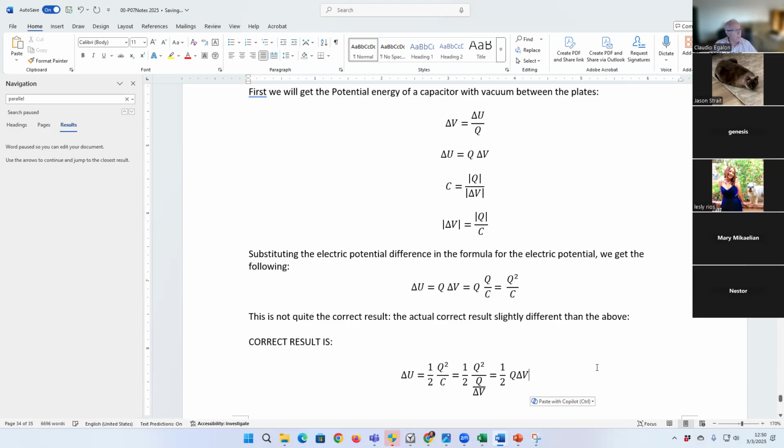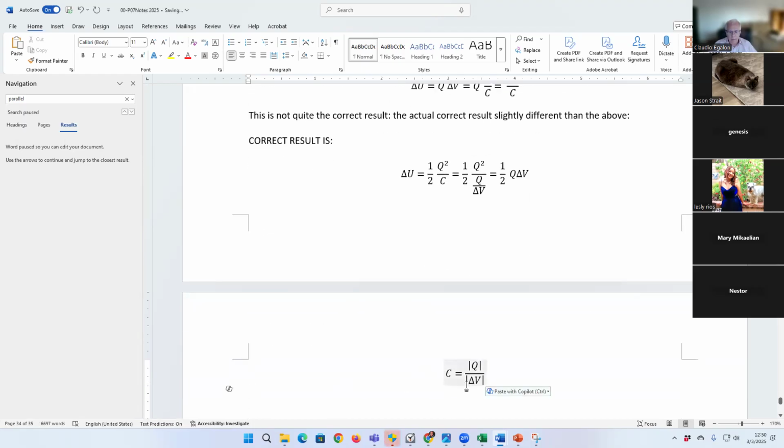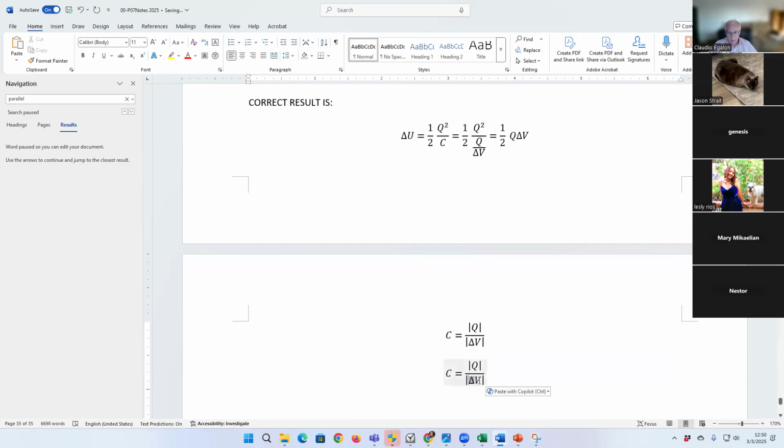There is one more way of rewriting this equation. Going back to this one, three different ways of rewriting this equation. Delta V goes to the left side, right? Q stays right in here, like that.